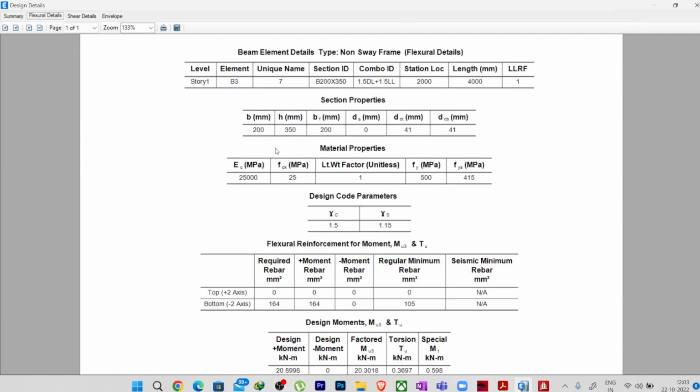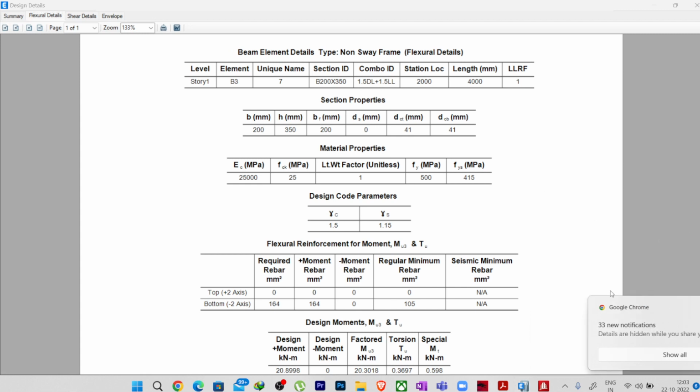Okay, then we have the section sizes. Then we have the effective cover that we have provided. So the effective depth will be 350 minus 41, which is 309.